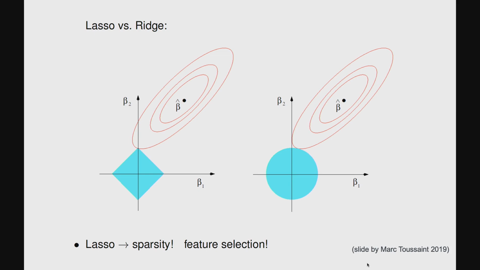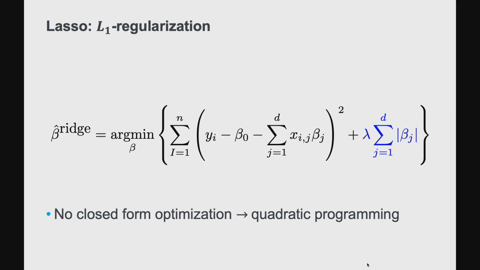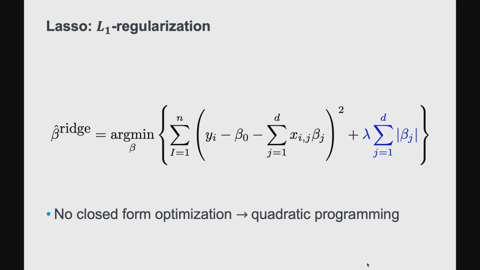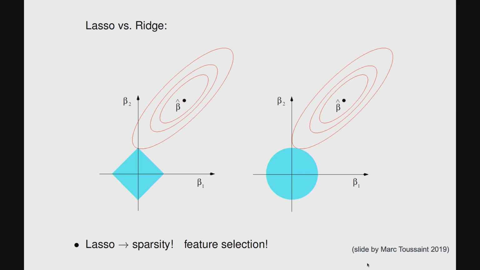Now we look for some beta that optimizes the rest of the thing. So let's say here would be the unconstrained optimal beta. And now we look for the closest point in the allowed region to the optimal value. The closest point, of course, these are circles around this point.